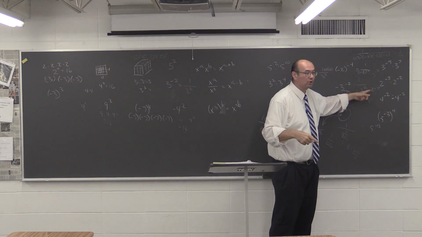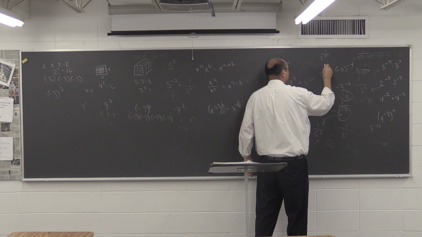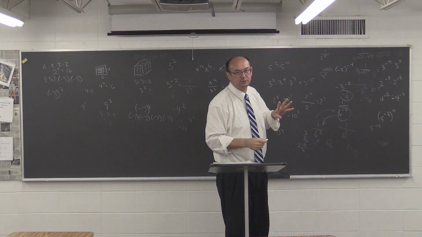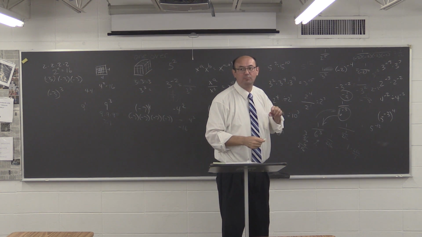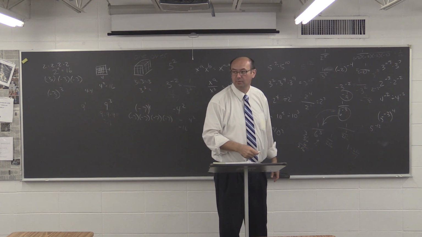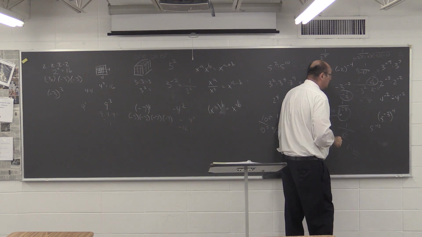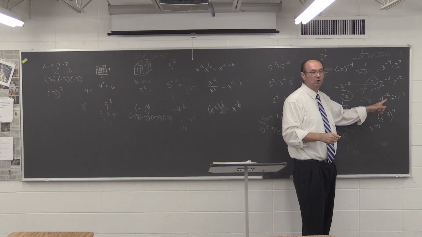What's 1 over 2 to the 5th? What's 5 2s? 4 2s is 16. 1 more 2 would be 32. Thank you, ma'am. 1 over 32. Got it?